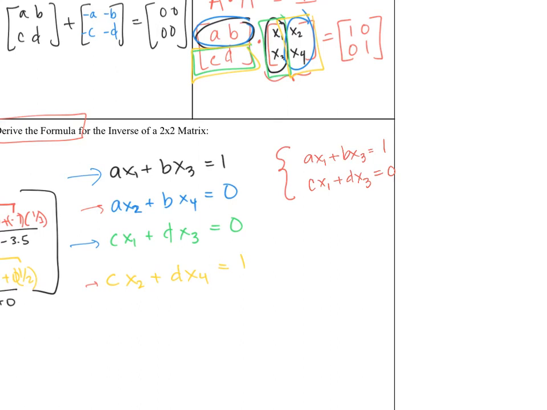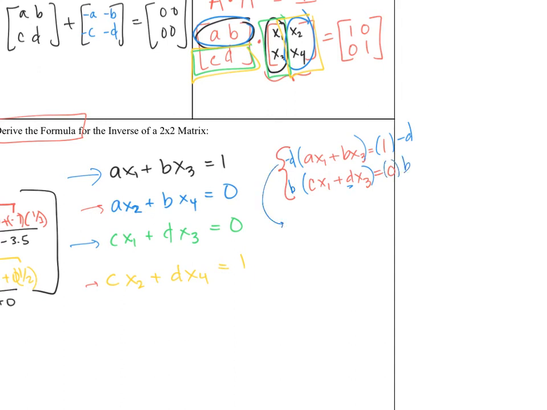If I want to solve for, let's say, x1, that means I'd want to eliminate my x3. So this would need to multiply by really the opposite of the other one, so negative D here. And this one is going to multiply by positive B, on both sides.